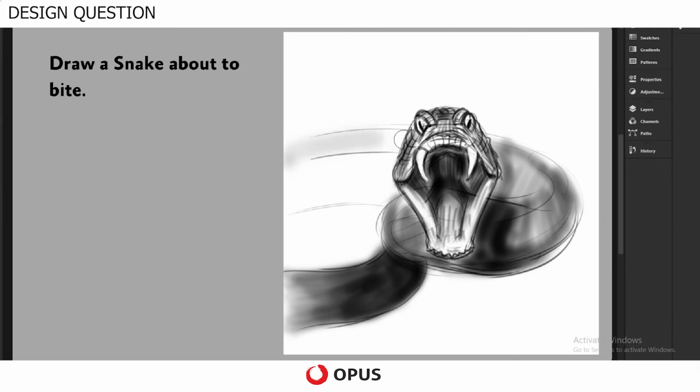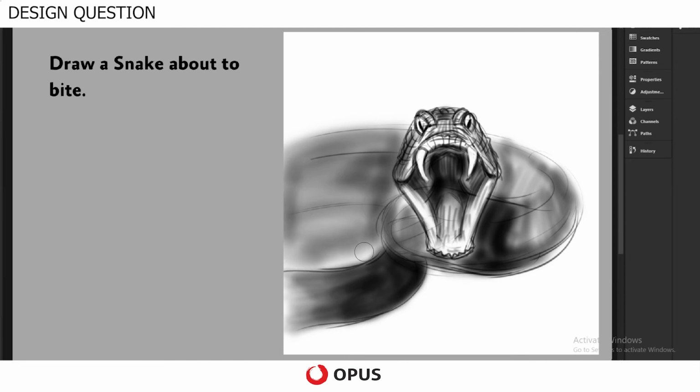So the part which is away can be drawn like this.